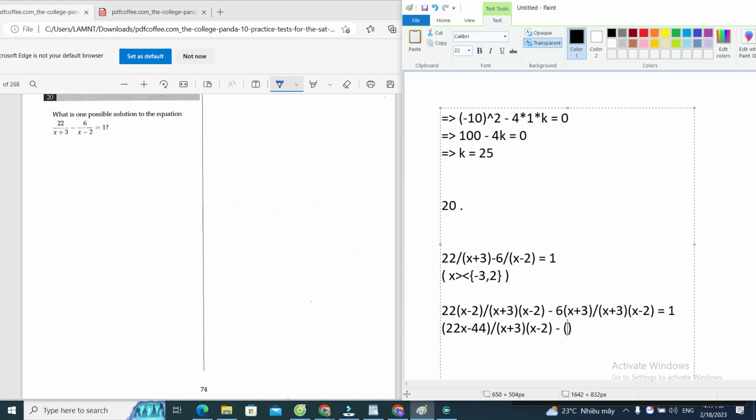So that's 6x plus 18 over the same denominator is equal to 1. We have a common denominator, so we can just subtract the numerators.